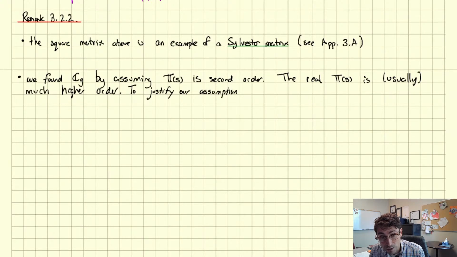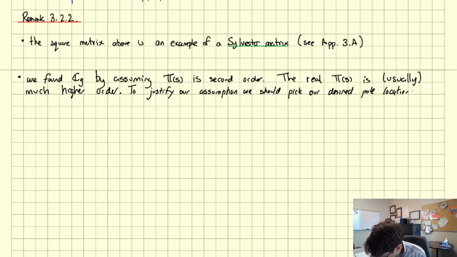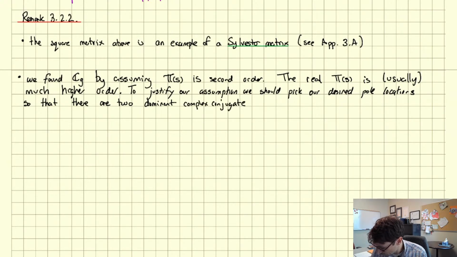in other words, the assumption that pi is second order, we should pick our desired pole locations so that there are two dominant complex conjugate poles.